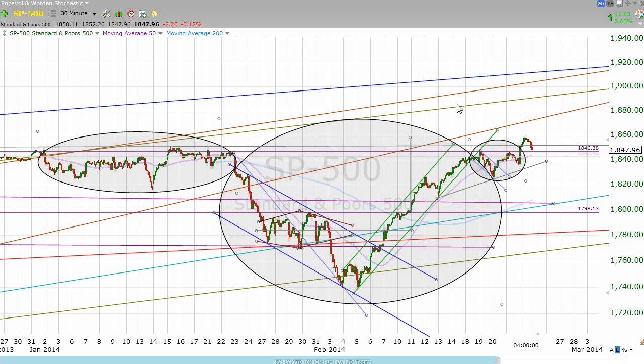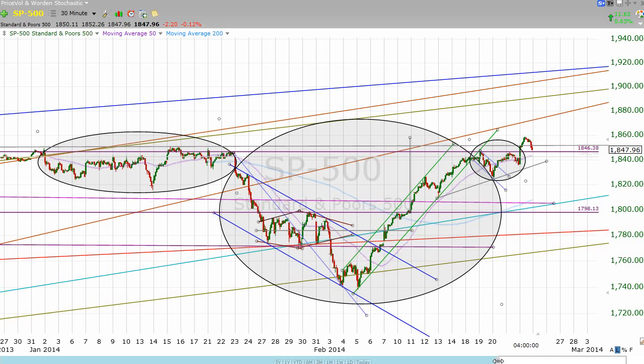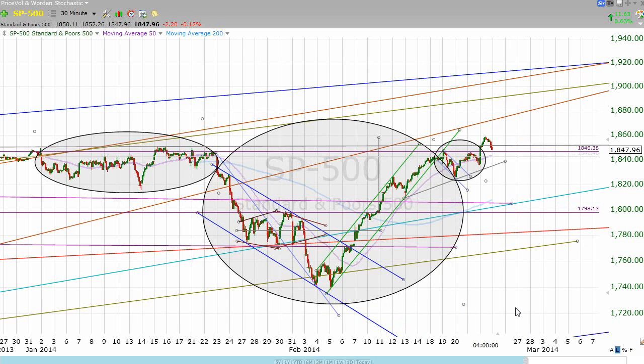But before I get a good sense for this pattern producing a sizable result, which it has the potential to do, I really want to see a close now above today's high. So I want to see a close of 1860 plus. And then I will really feel like this pattern has the potential to do what we're expecting it to do.